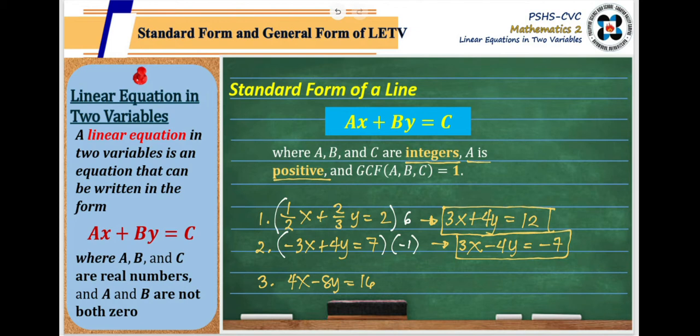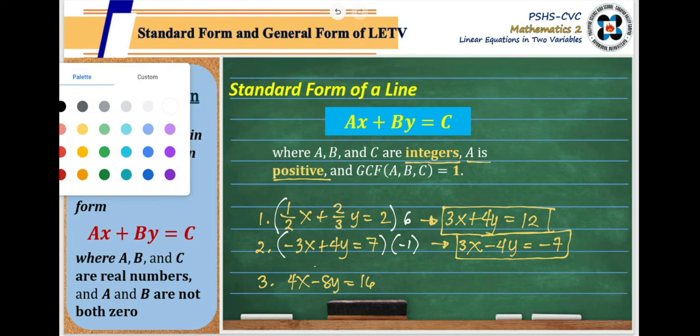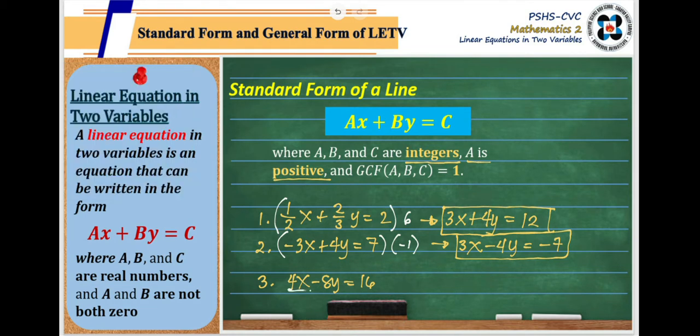So that means we can still simplify this equation by dividing both sides of the equation by the GCF 4. We just have to divide every term by the GCF 4. What do we have? We have x minus 8 over 4 y, so that's negative 2y, is equal to 16 over 4, that's positive 4. So this is now the standard form of the line.